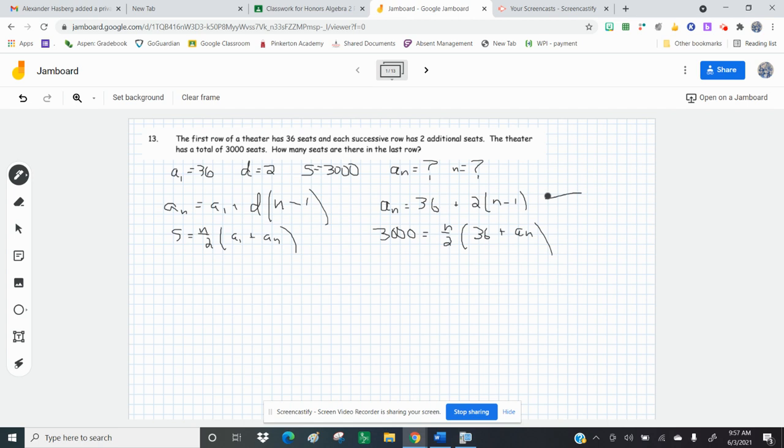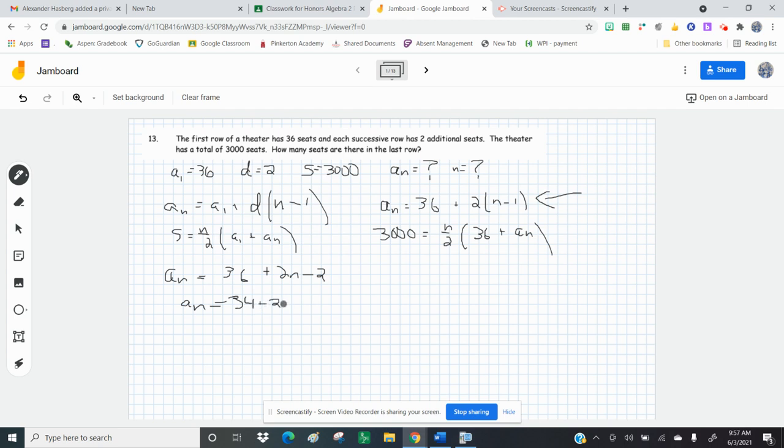So let's go ahead and take this first equation here and let's simplify it. So an equals 36. I'm going to distribute that 2. So I'm going to have 2n minus 2. And so this will simplify down to 34 plus 2n.